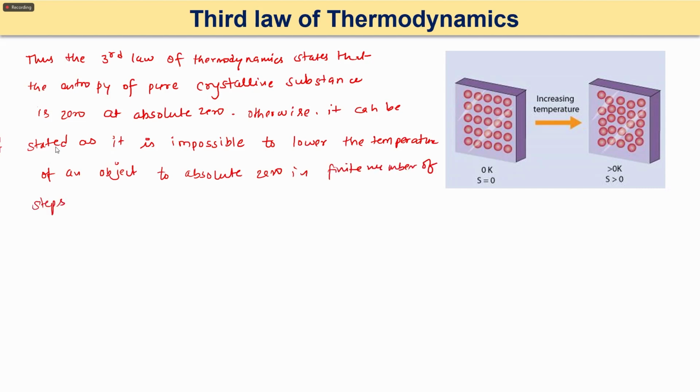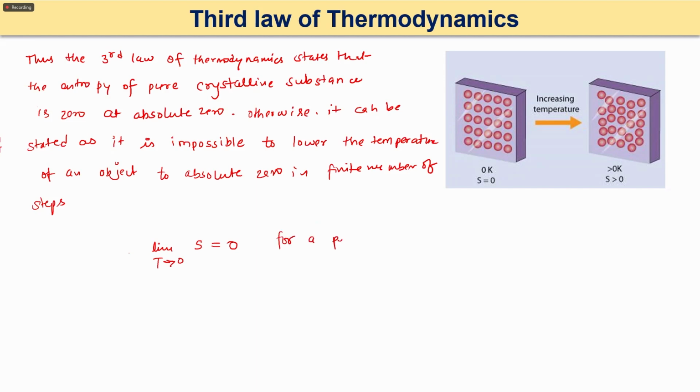Mathematically, it is shown as limit T tends to zero, S tends to zero, for a perfectly ordered crystalline state.